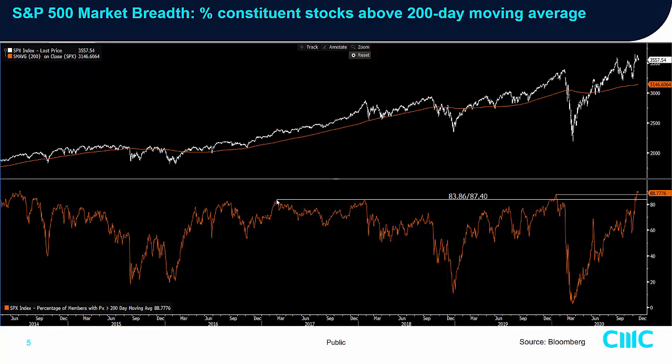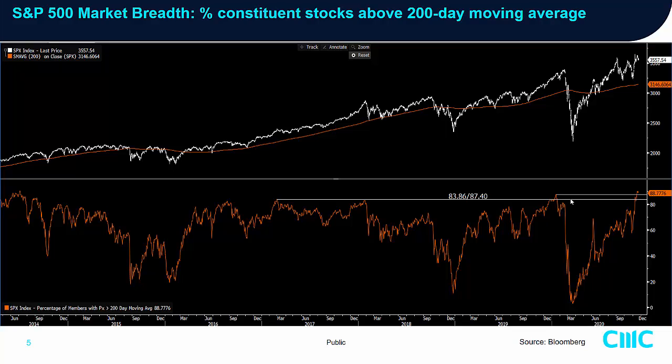which is the percentage of constituent stocks above this 200-day moving average, is at 83.86%, as well as 86.4%, which is the peak in January this year before it starts to see this dramatic decline reinforced by this COVID-19 crisis.